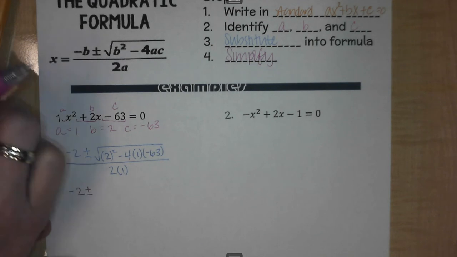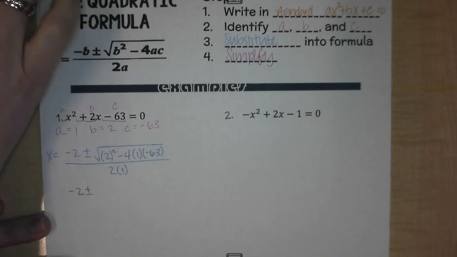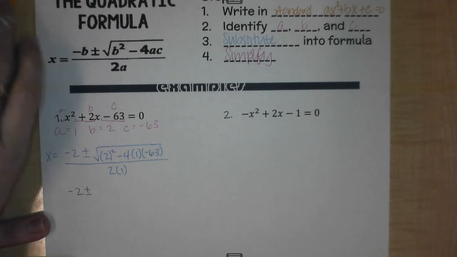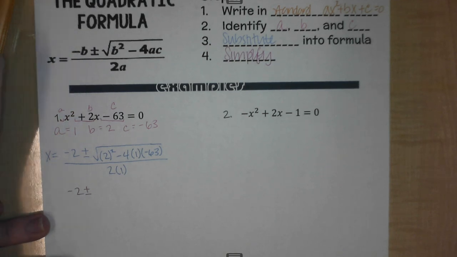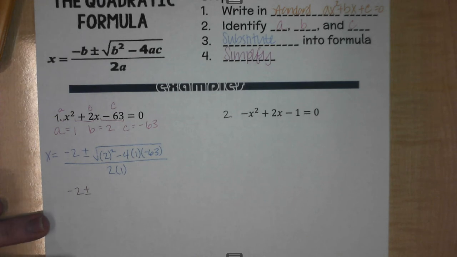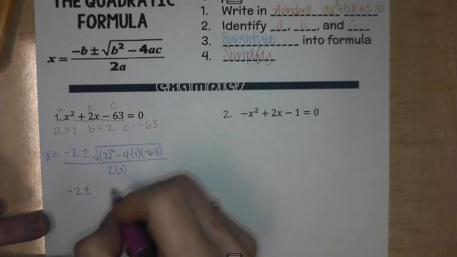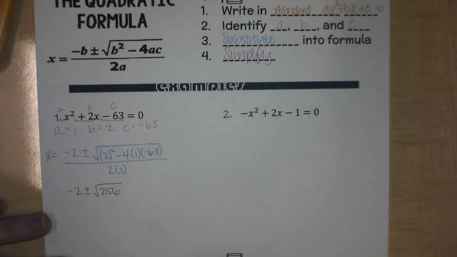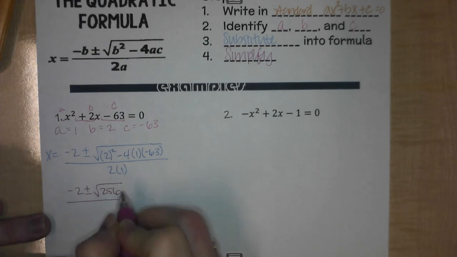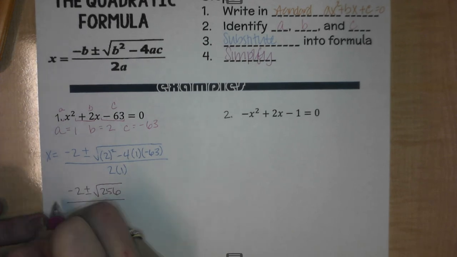We've got 2 squared, which is 4, minus 4 times 1 times negative 63. So underneath our radical we've got 256, and all over 2 times 1, or 2.